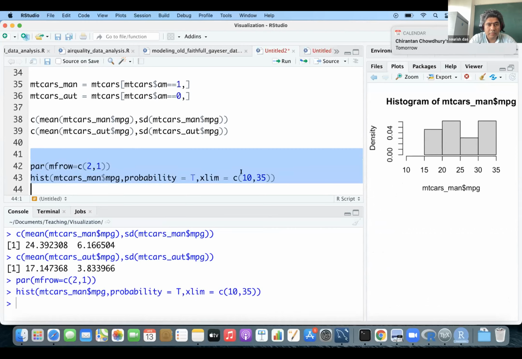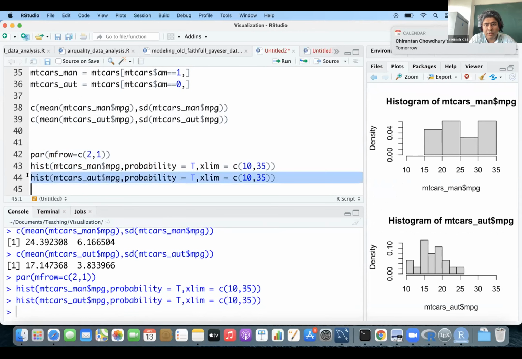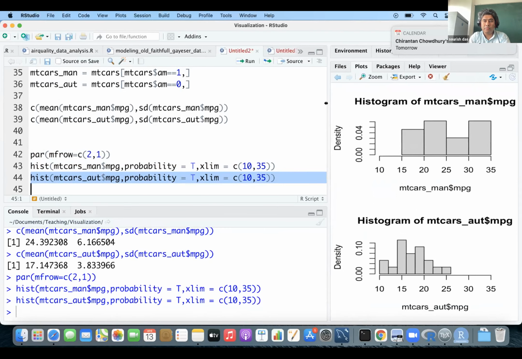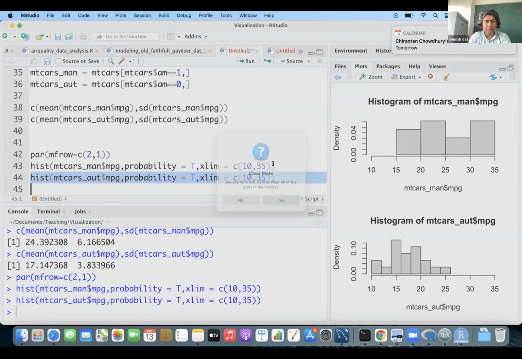Okay. And then this is the automatic one. Let's see how the automatic behaves. Let me do it once more. Clear it.